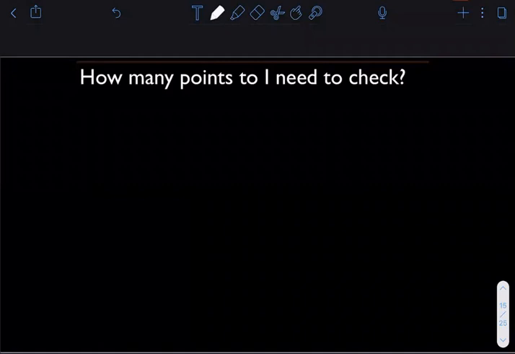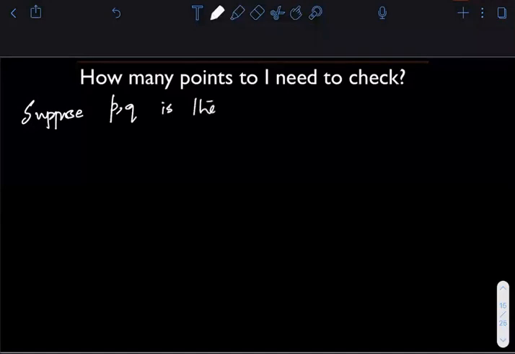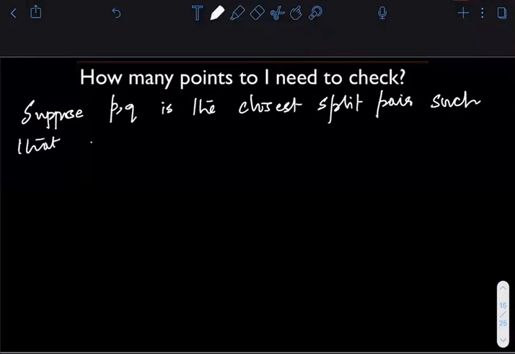So let's say I fix a point P. Now suppose PQ is the closest split pair such that the distance is actually less than delta.